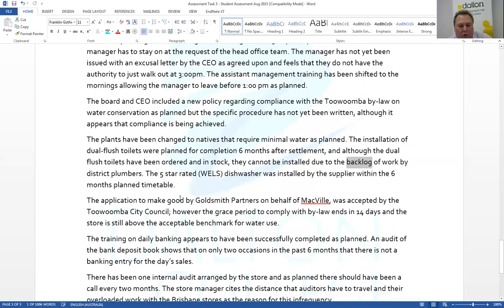The application to make good by Goldsmith Partners on behalf of McPhail was accepted by the Toowoomba City Council. However, the grace period, the calling off period to comply with the bylaw, ends in 14 days. And the store is still above the acceptable benchmark for water use.